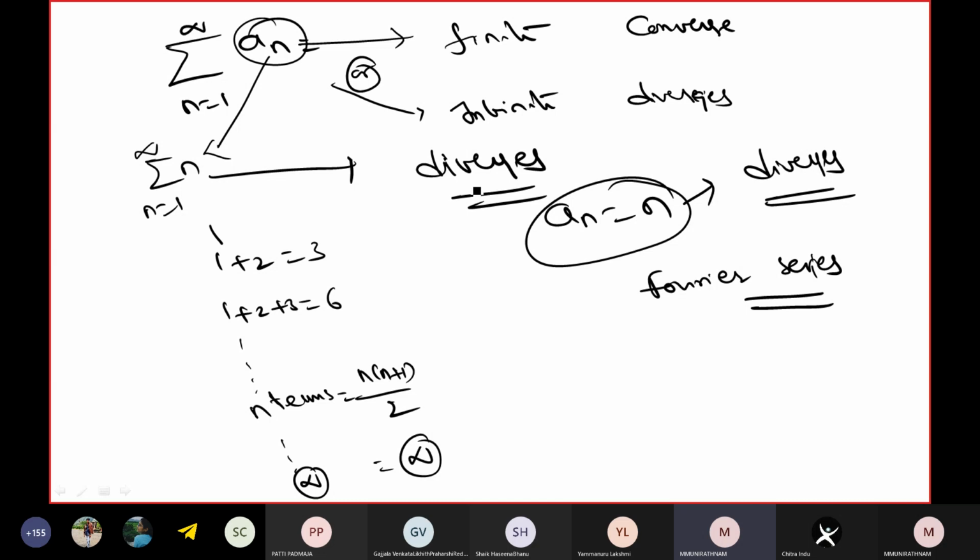Many subjects it will come by using of sum. కమ్యూనికేషన్ నెట్వర్క్స్ లో మెయిన్లీ వస్తాయి. మొబైల్ నెట్వర్క్స్, వైర్లెస్ నెట్వర్క్స్ లో మెయిన్లీ వస్తాయి.